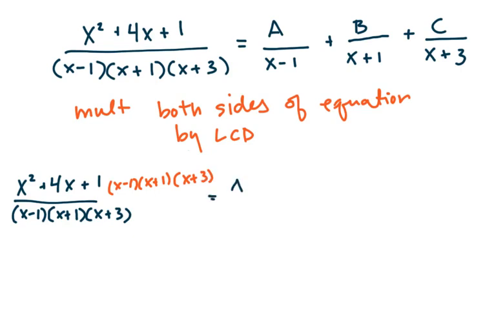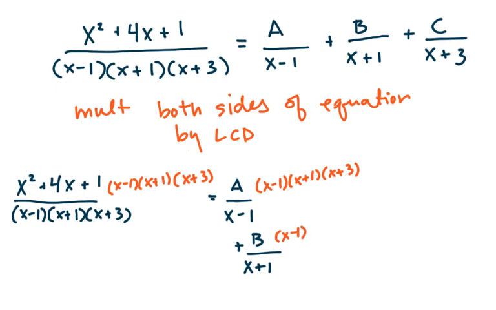And then we'll do that for the next term, a over x minus 1. We'll multiply that by x minus 1, x plus 1, x plus 3. Again, with our third term, we've got plus b over x plus 1. That again gets multiplied by our LCD, x minus 1, x plus 1, x plus 3.